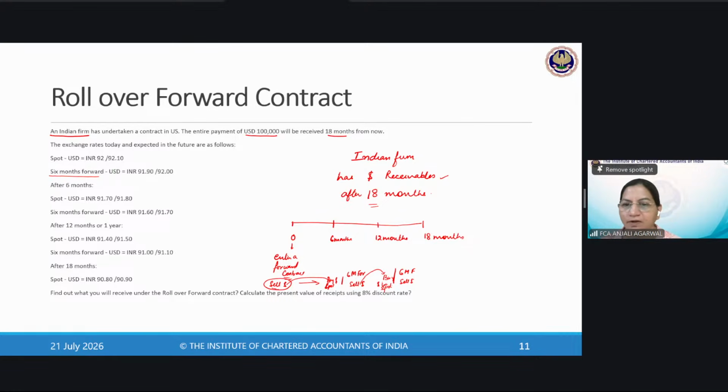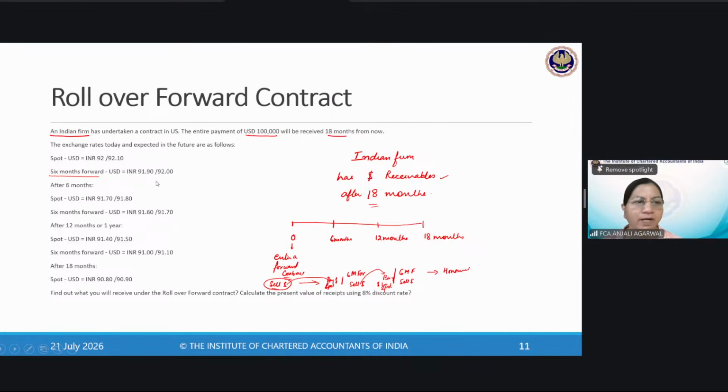For this contract, which you have taken at the end of 12 months, this will be honored because after 6 months, like 18 months, you are going to actually receive the $100,000. So this mechanism will help you to hedge your dollars, which are receivable after 18 months.